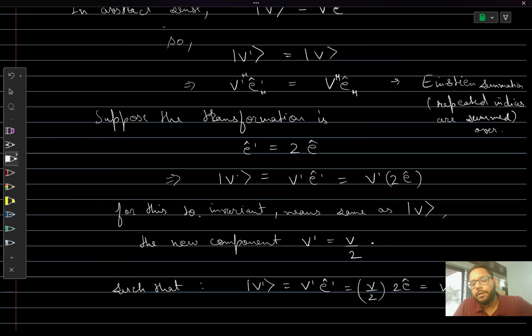You can define in the opposite sense also, that the basis vector has upper indices and components have lower indices. But this is our natural convention, that for normal vectors, we define our basis with lower indices and its components with upper indices. This is just a convention.